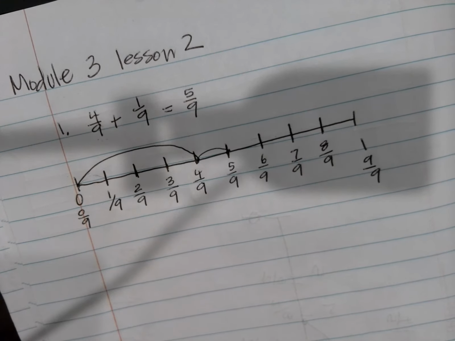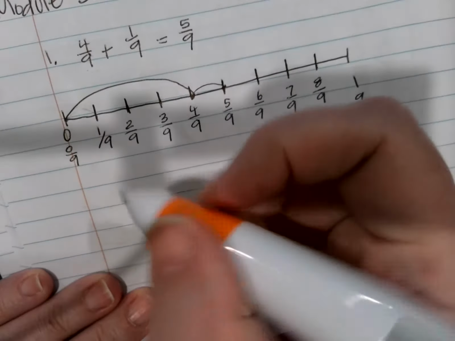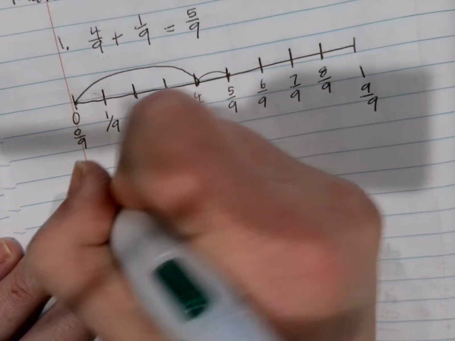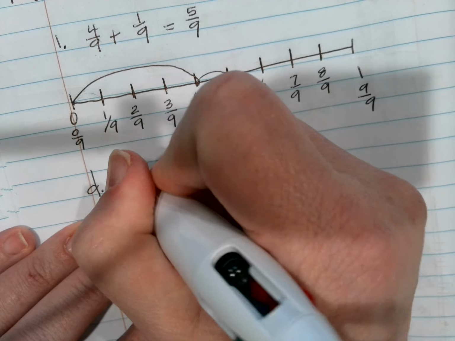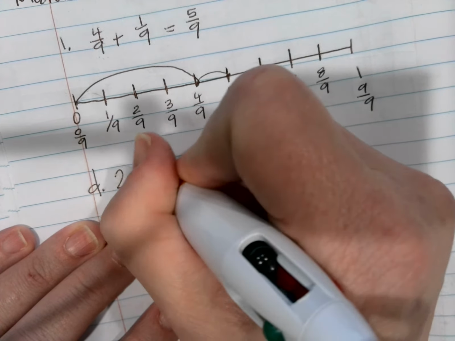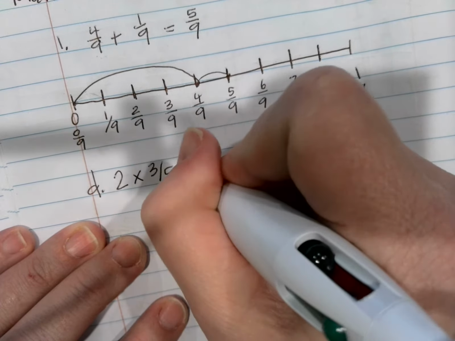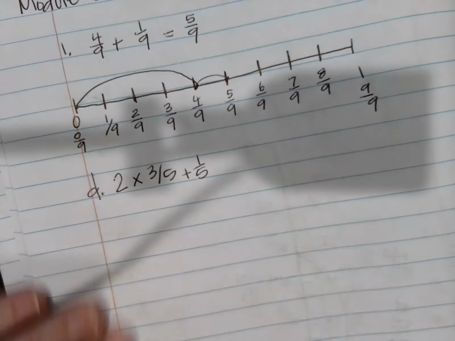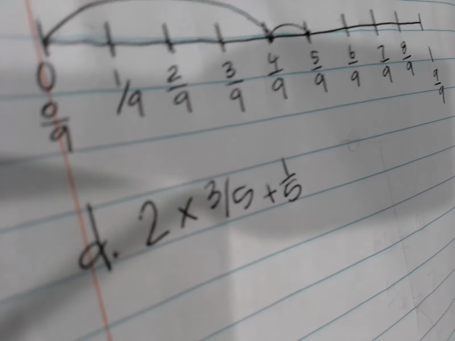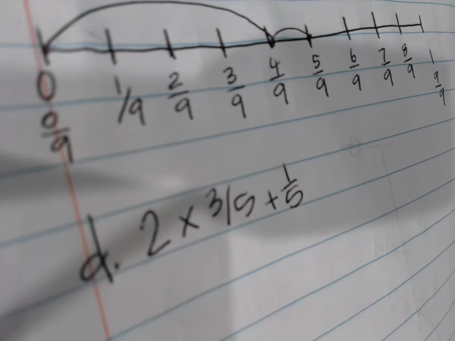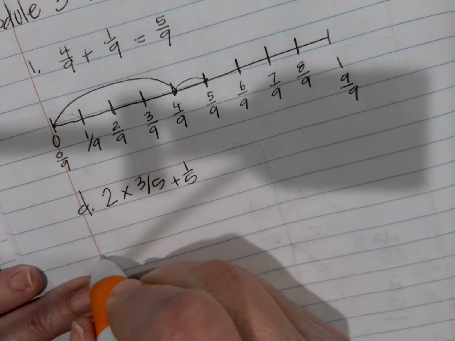Now we're going to look at problem D, which has a little bit of multiplication in it. And it's not as tricky as it seems. Okay, so we're going to do our number line.